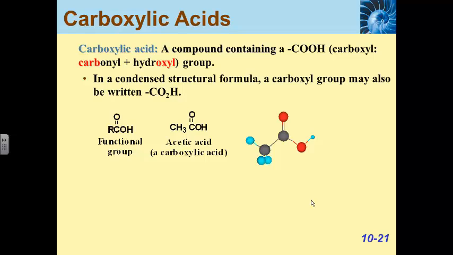Here are some carboxylic acids. COOH is the organic acid, and they get that from really two separate functional groups put together: carbonyl, C double bond O, and hydroxyl, the OH group. Put that together and you get carboxyl. In its condensed structural formula, you might see it written as CO2H, but most often I see it written as COOH, letting you know that it has two functional groups together, the C double bond O, carboxyl, and the OH, hydroxyl group.